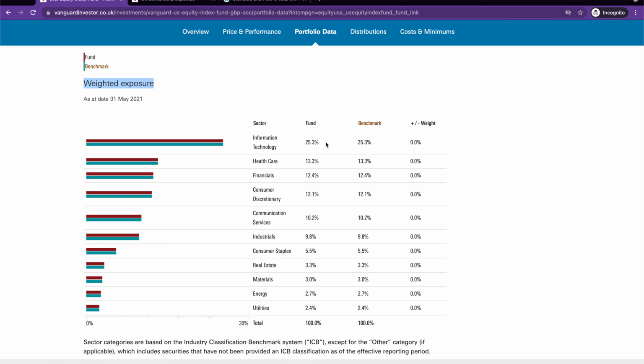We see that, for example, the information technology sector holds a weight of 25% of the fund. So that means that fluctuations in stock prices of companies that belong to this sector will impact more heavily the price or the performance of this index mutual fund.